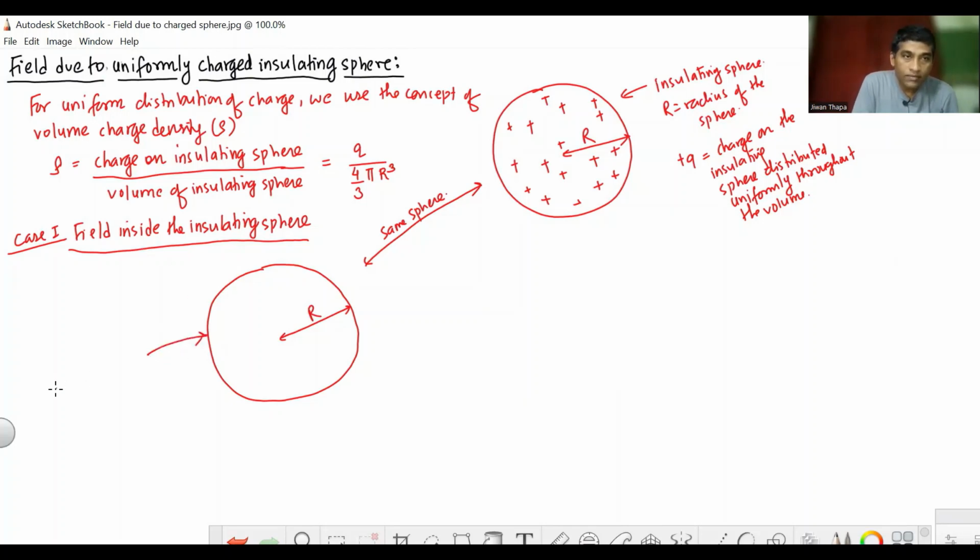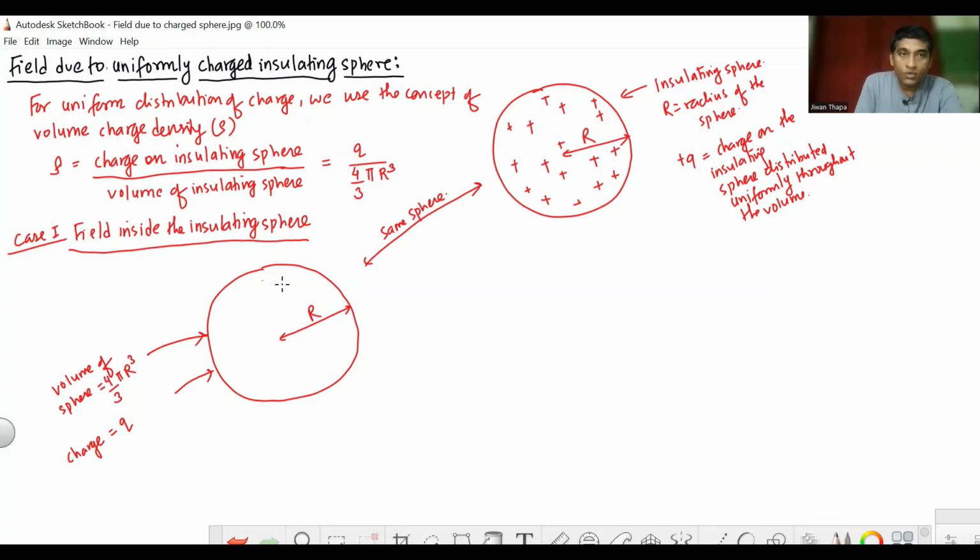The volume of the sphere is 4/3 pi R power 3, and the charge is Q in magnitude. So we have this.